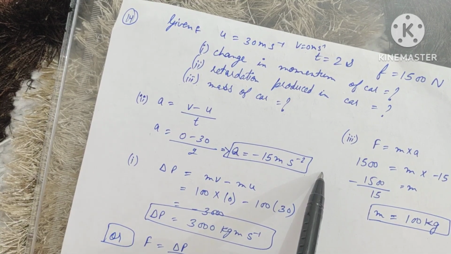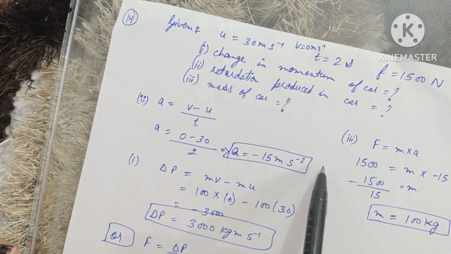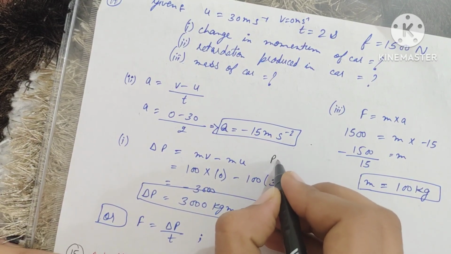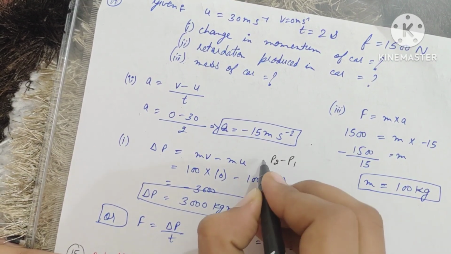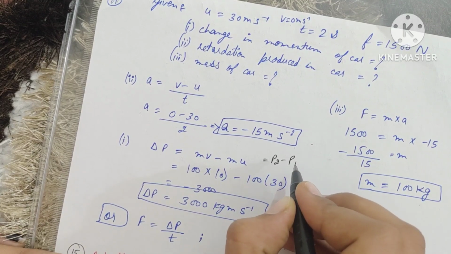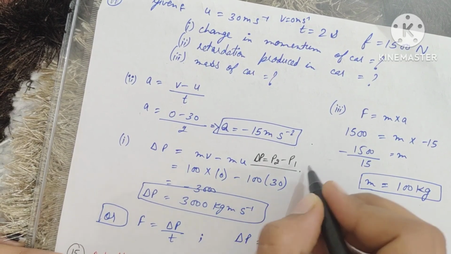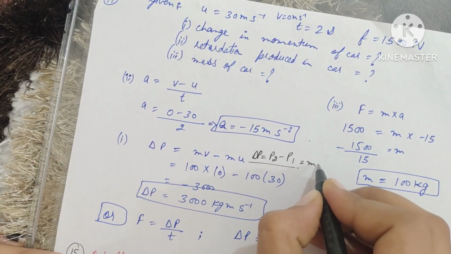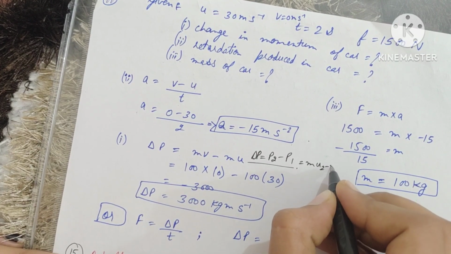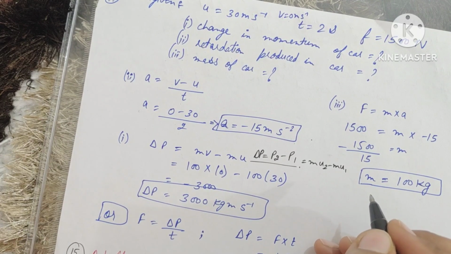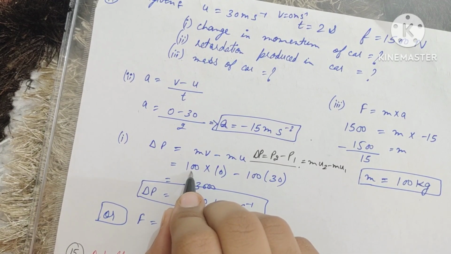Now come to the first point of this, that is change in the momentum. Change in momentum is actually P2 minus P1, which means final momentum minus initial momentum. For this you need the values of final velocity and initial velocity also. The final velocity is provided in the question.